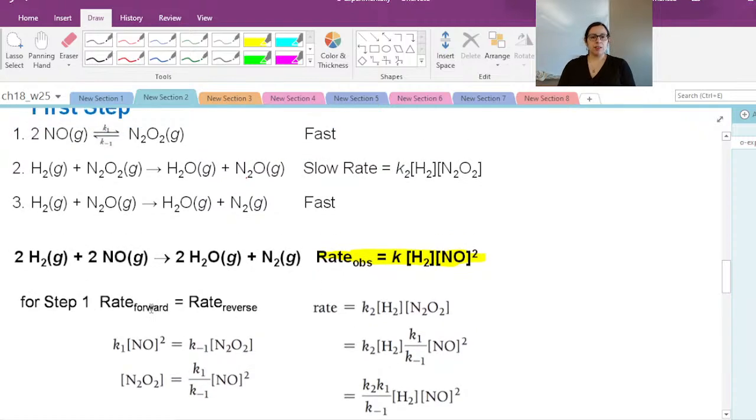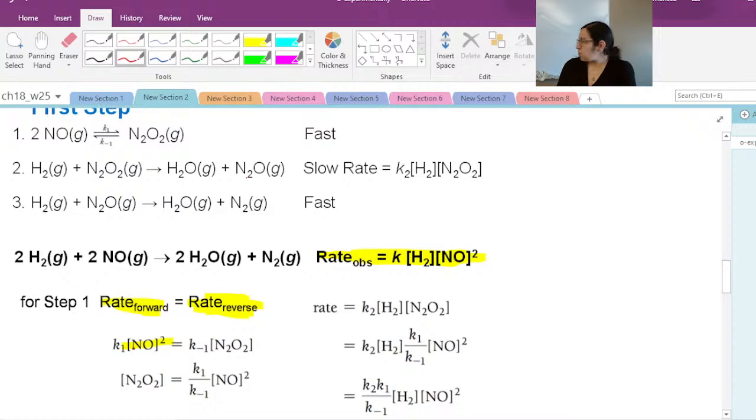Okay, so let's go through what conclusions we have. Step 1: rate forward equals rate reverse. That's all they are showing with this first step. All we've done is break this down. It shows us the first step is 2 equivalents of NO reacting.